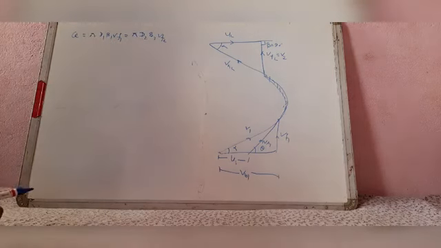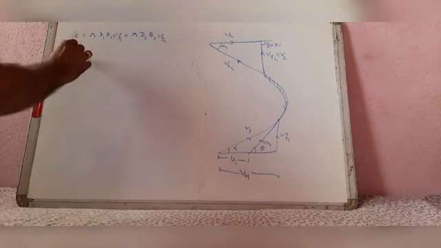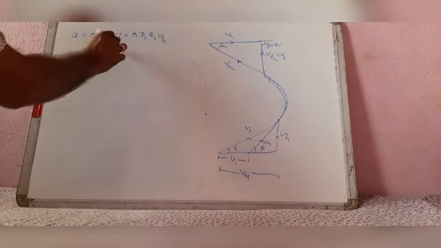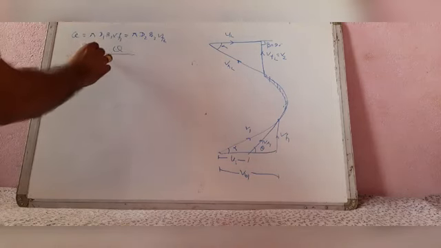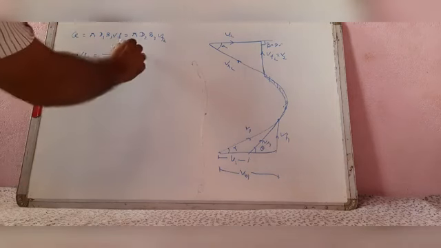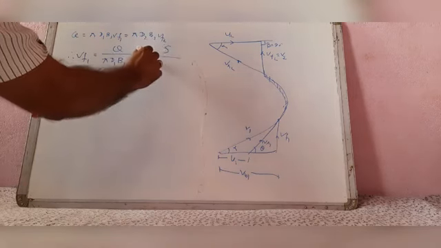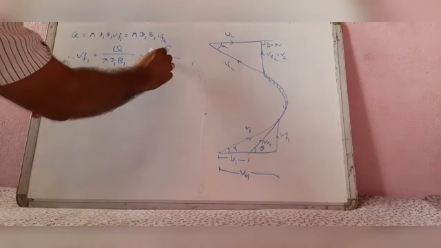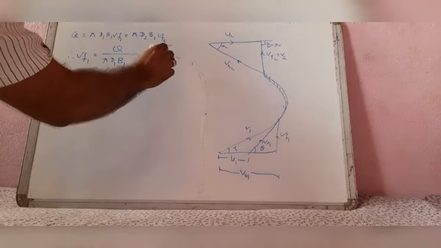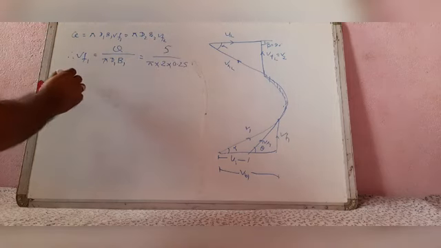So vf1 equal to Q by pi d1 b1. Putting the values here, this is 5 by pi into 2 into 0.25.